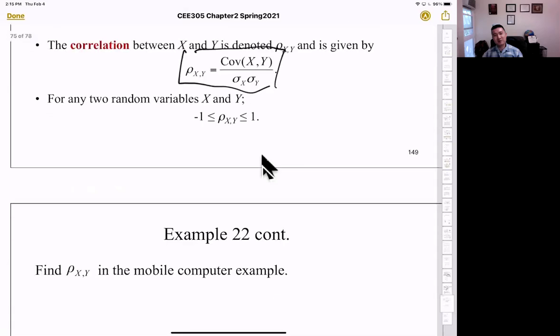If the question is asking for the correlation of x and y, we can just use what we found from the previous example.